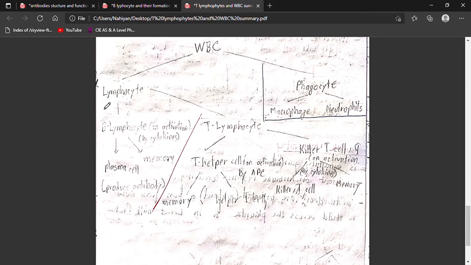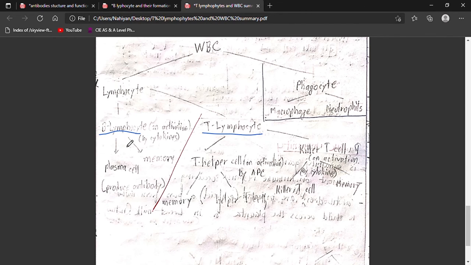Moving on, lymphocytes are more chemical based, and they work by releasing chemicals such as antibodies or cytokines or cytotoxins. They are of two types: B lymphocytes and T lymphocytes.